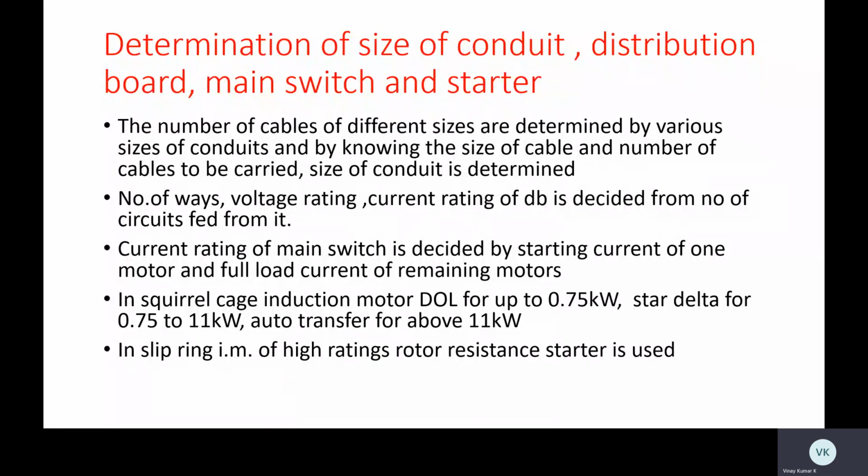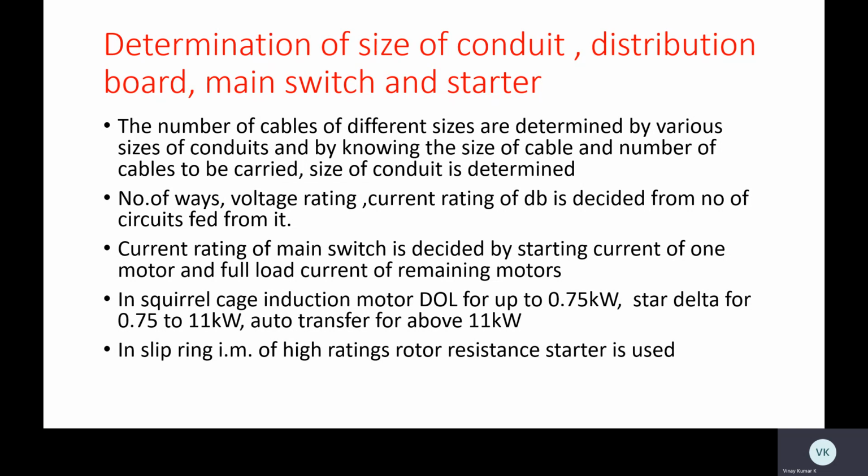Then how to determine the size of the conduit, determination of the board, meter board, the main switch and the starters. So the size of the conduit is also the same as what we considered while selecting the size of the conduit in lighting circuits, and the number of cables of different sizes are determined by the various sizes of conduits. By knowing the size of the cable and the number of cables to be carried, the size of the conduit is determined.